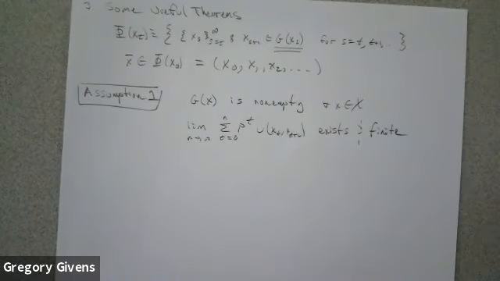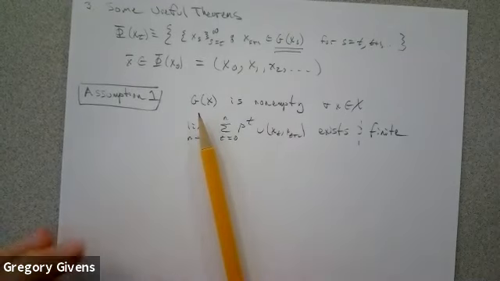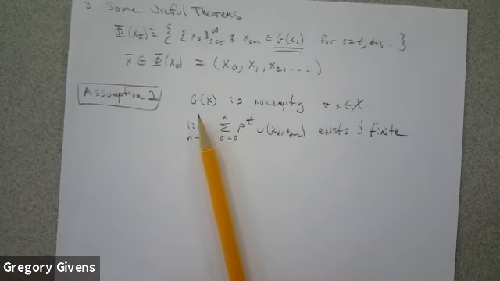Let's translate this. The first part of assumption one, that G of x is non-empty, means that G is not the null set. In other words, there's something in G for the planner to choose from. When you go to the restaurant and open up the menu, there are actually items on the menu to choose from.